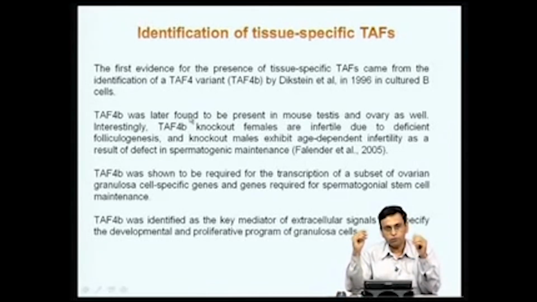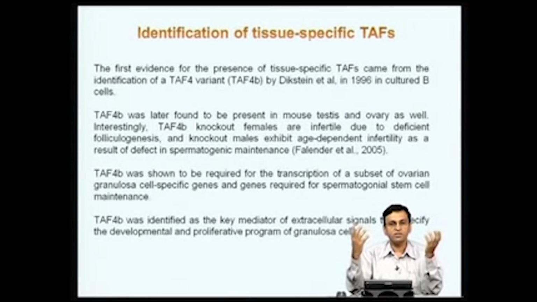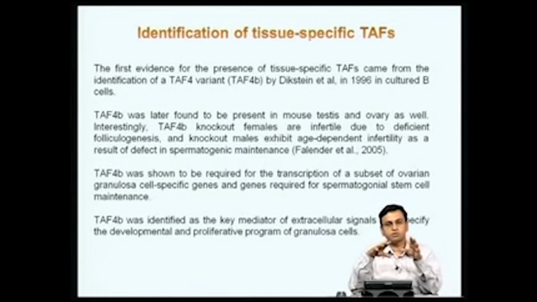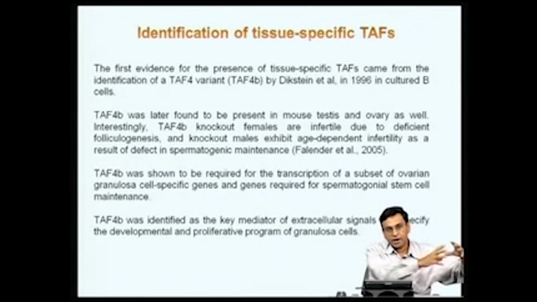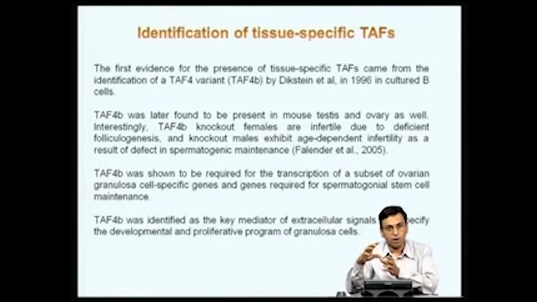Now, let us try to focus on what kind of variations in TAFs contribute to differential gene regulation. Remember, what are TAFs? TAFs are nothing but TBP associated factors, which are a part of TF2D. So, TAFs in association with TBP constitute the TF2D, and an important function of TAFs is that they act as a bridge between upstream activators and the general transcription machinery, RNA polymerase.